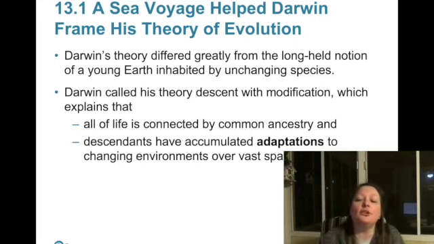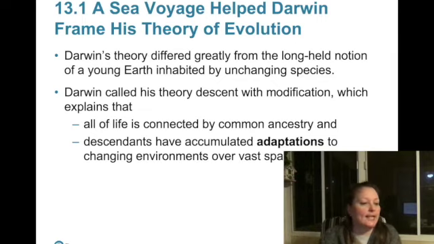Okay, descendants have accumulated adaptations to changing environments over vast spans of time. All this means is that each of the descendants, each of the offspring, each of the kids, however you want to word it, basically adjusted. Something adjusted to where they lived, the environment, in order to survive. And it was not instantaneous.